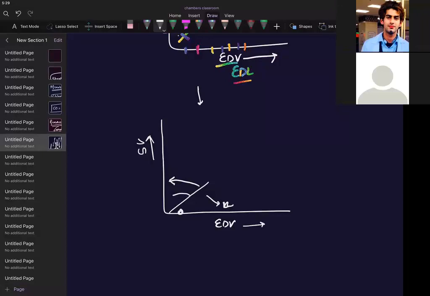Wow, what a nice thing it has done. You are increasing the stroke volume at a lesser end diastolic volume. Sir, we were reading that whatever the end diastolic volume is, you will get the stroke volume. But I am telling you, due to the contractility factor, that beautiful thing which God has bestowed upon us, you are getting more at a smaller end diastolic volume. See, this is the zero.